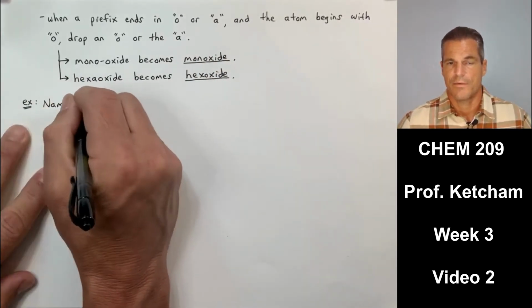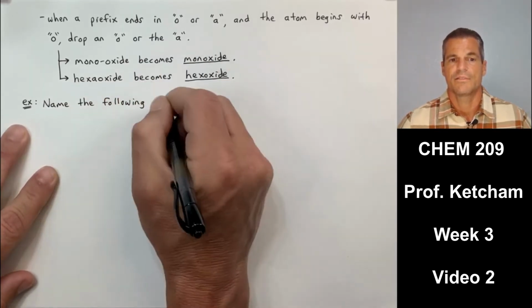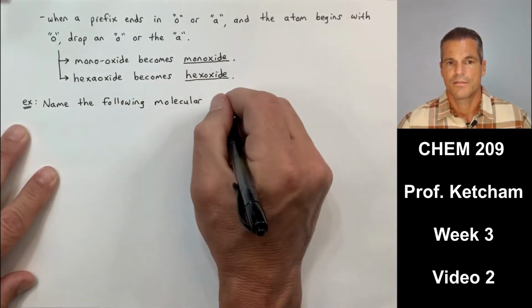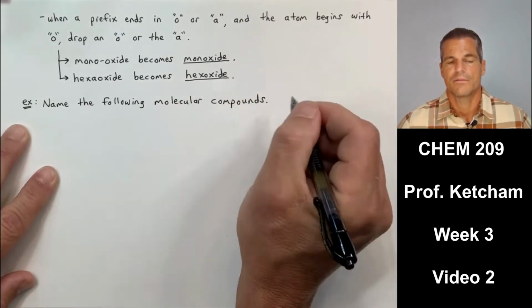Hexaoxide is not how we write it. Hexaoxide becomes hexoxide. All right, so we drop one of the vowels.